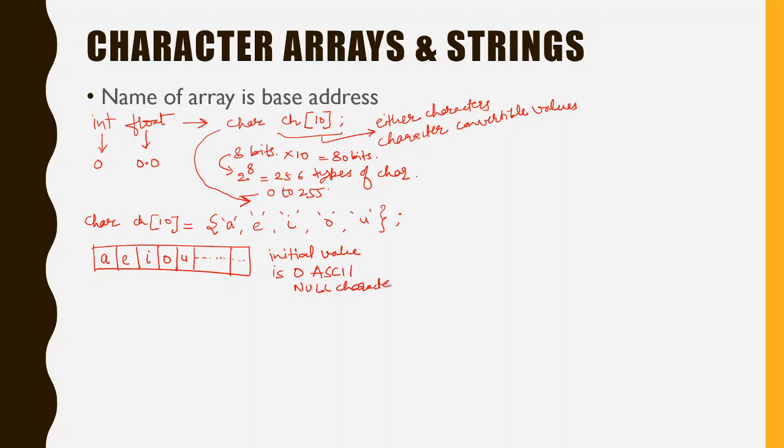Symbolically it is represented as NULL, a special type-defined keyword used in C programming, and the symbolic representation of the null character is backslash 0.